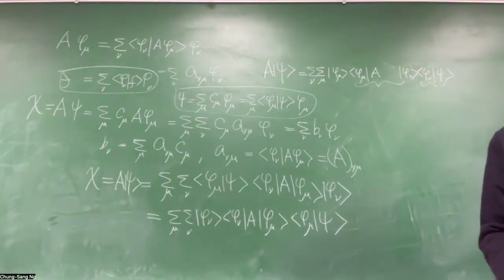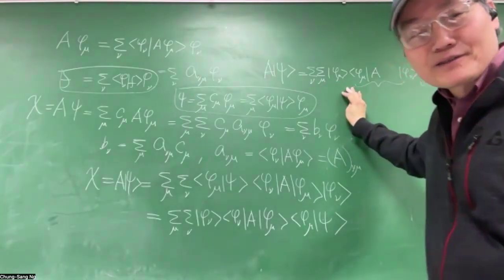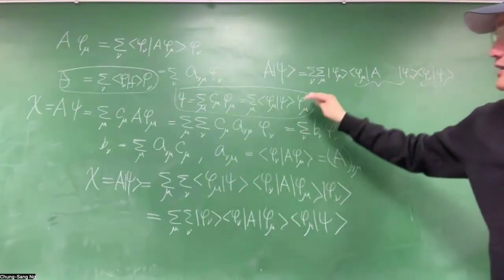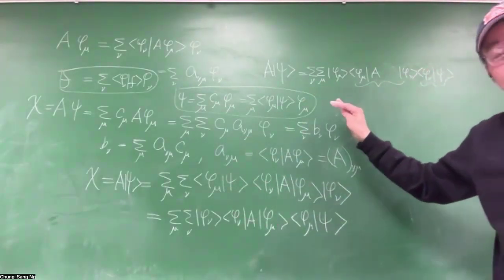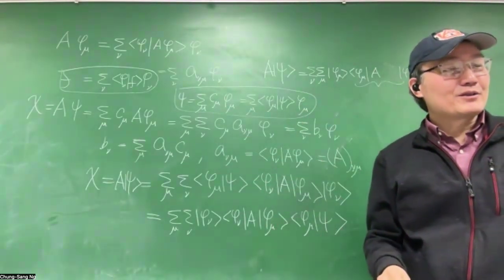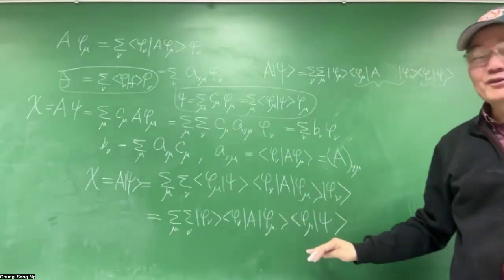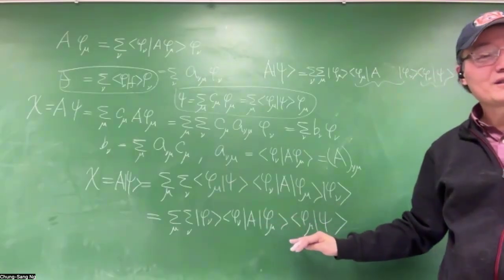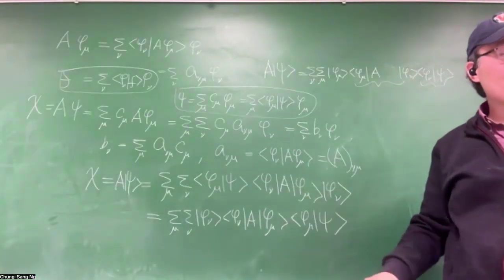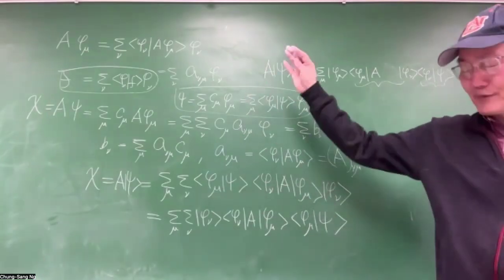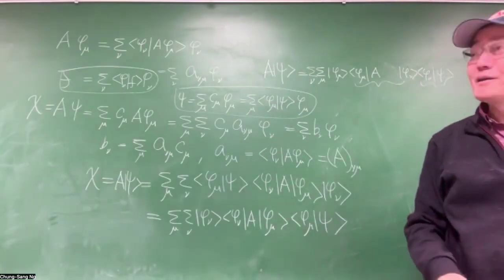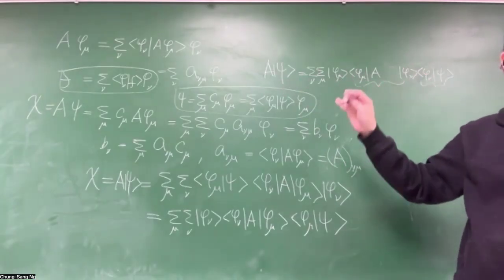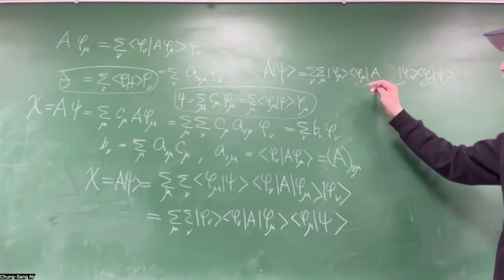This is not rigorous. The rigorous way is the earlier one, but this can be used as a memory aid. If you forget how to get all these coefficients and you don't want to rederive everything from the beginning, which takes slightly longer, you can do this trick by inserting the identity and then figuring out what the coefficients are.